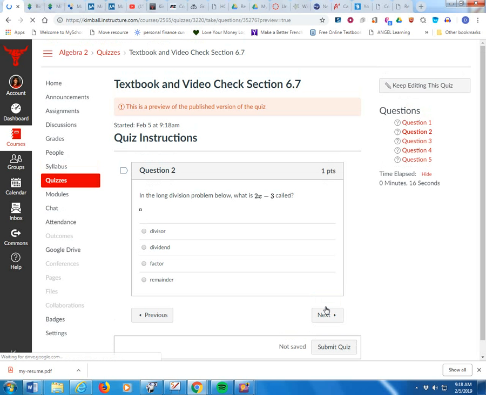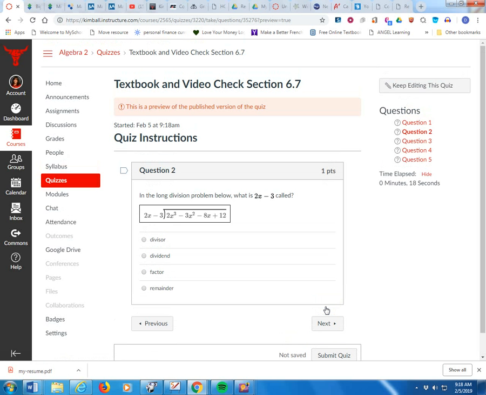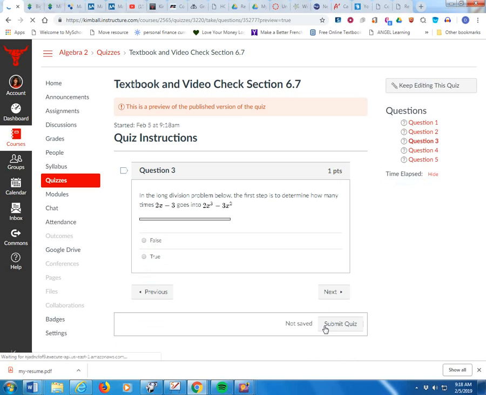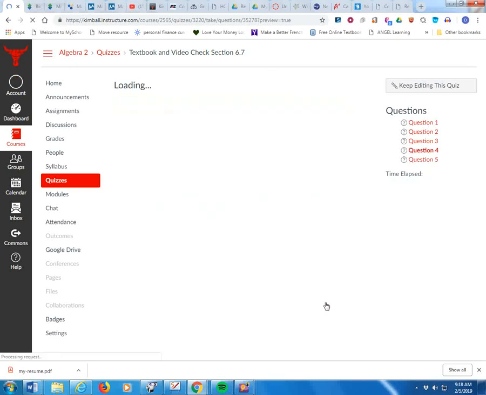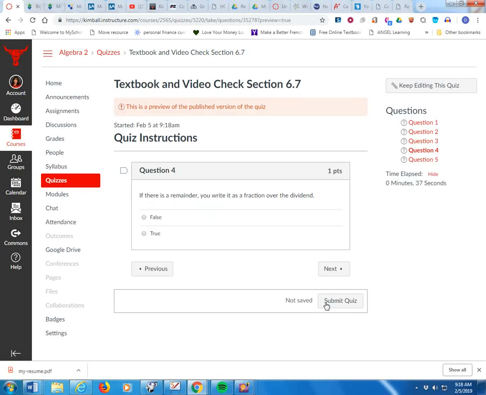In the long division problem below, what is 2x minus 3 called? Divisor. In the long division problem below, the first step is to determine how many times 2x minus 3 goes into 2x cubed minus 3x squared. False, it is to find out how many times 2x goes in. If there's a remainder, you write it as a fraction over the dividend. False, the fraction over the divisor.